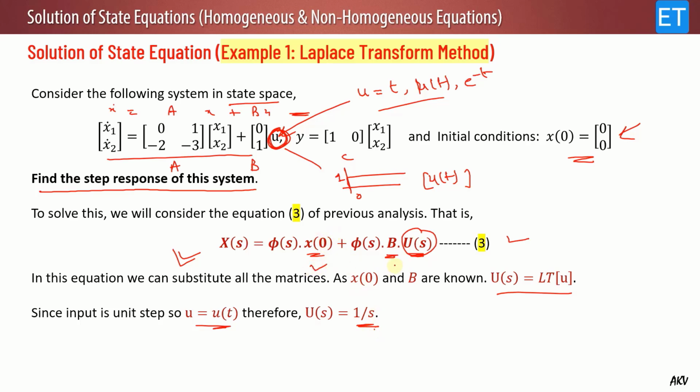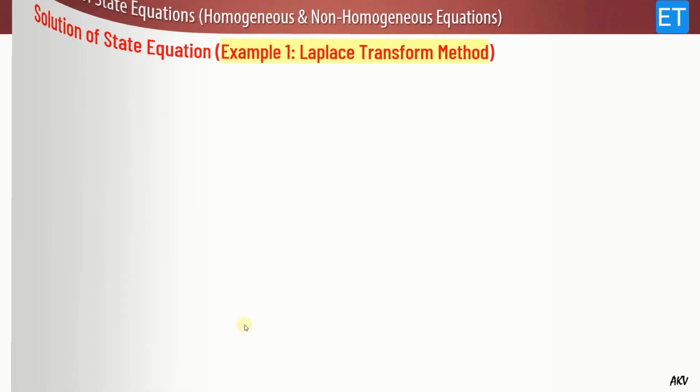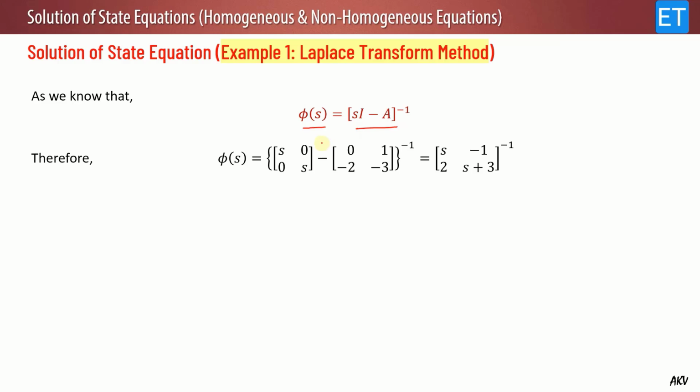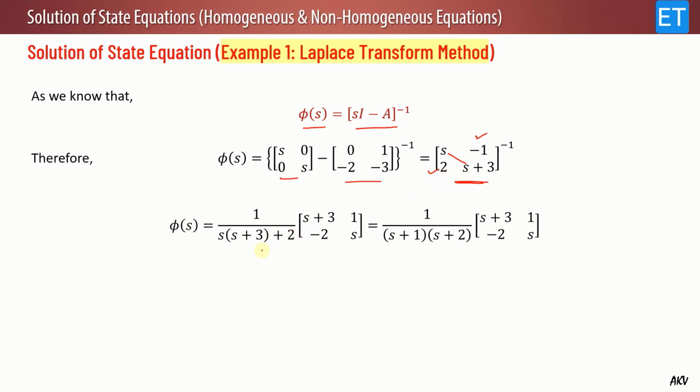So now x0 is known, B is already known, US is known, only the phi s needs to be found. Okay, so let me find the phi s, and phi s is very easy to find, because we already know that phi s is si minus a inverse. I can find it easily, and this is already done in the previous example also. So si minus a and the inverse of it: simply exchanging these two elements in the diagonal, changing the sign of these two elements, and dividing by the determinant, okay.